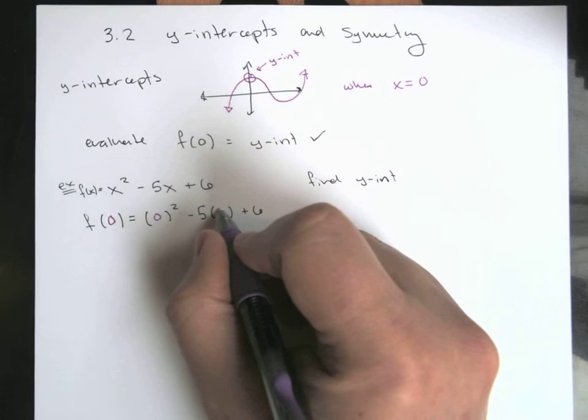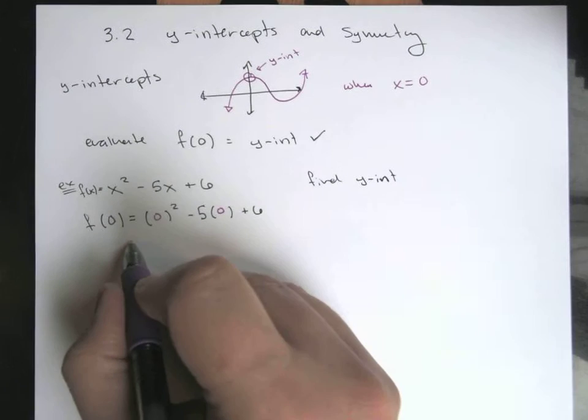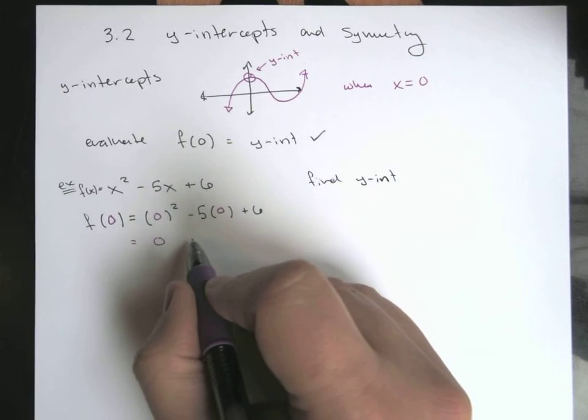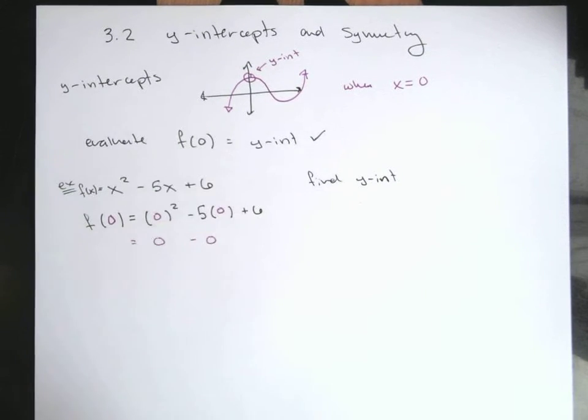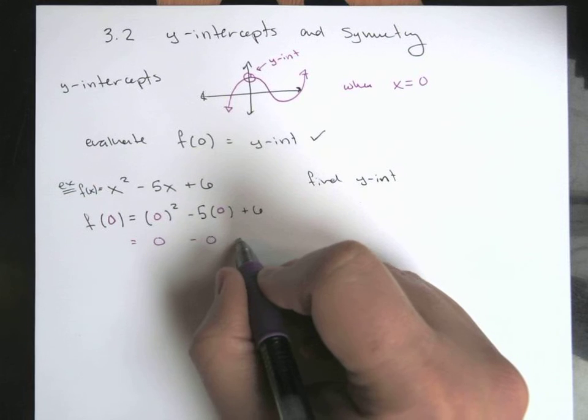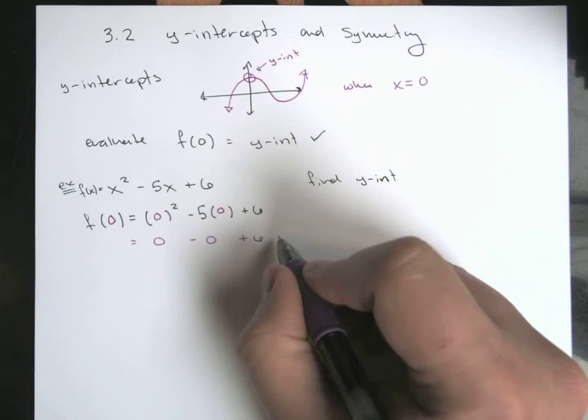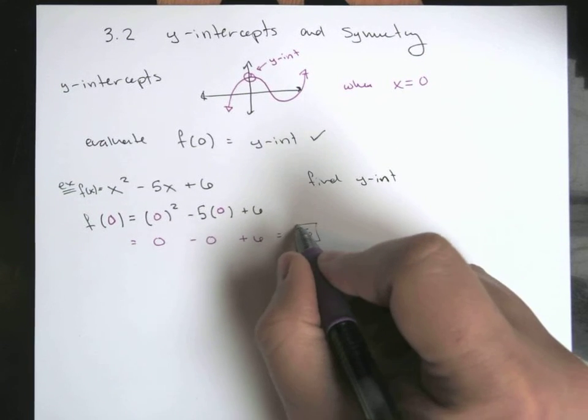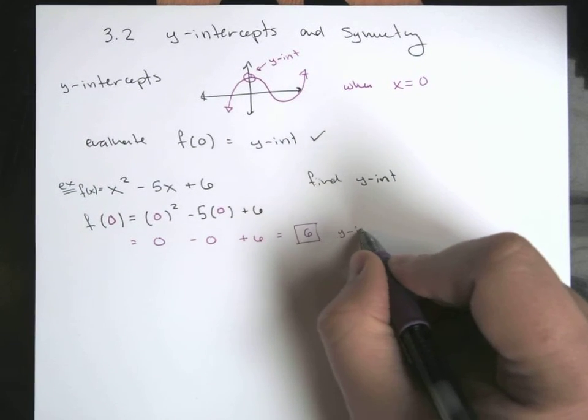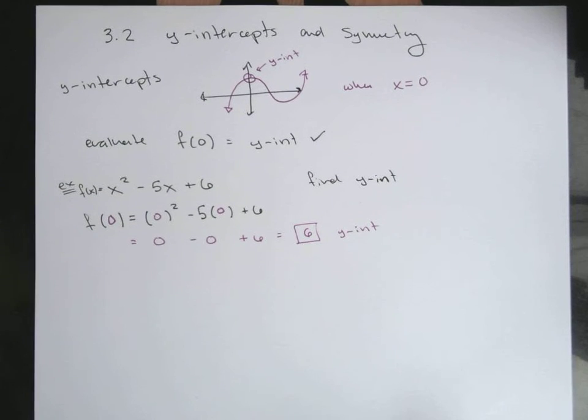So a lot of these terms are going to fall away. 0 squared is of course 0, minus 5 times 0 is of course 0. And so pretty quickly you can see we're just left with this plus 6, this constant on the end. And that's going to be our y-intercept.